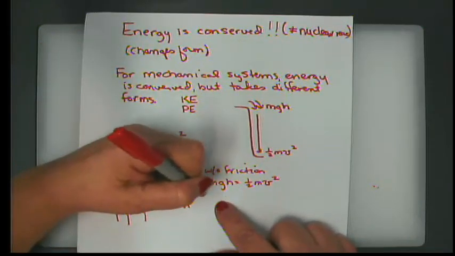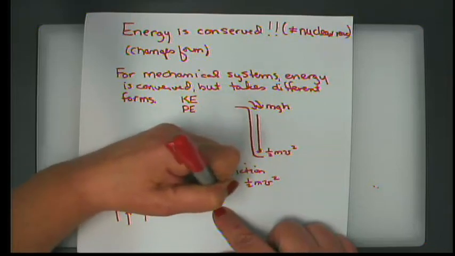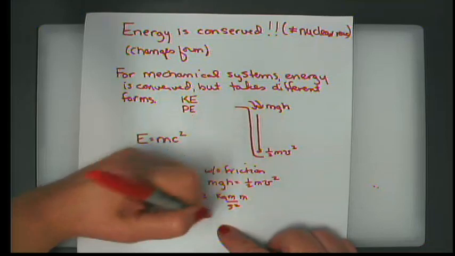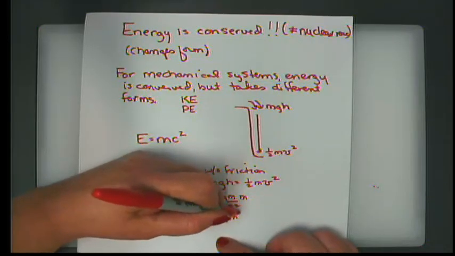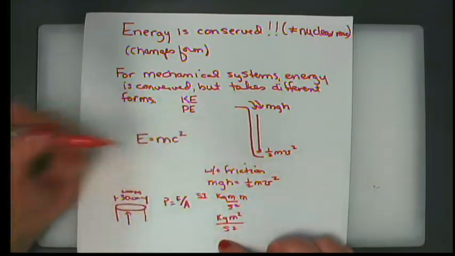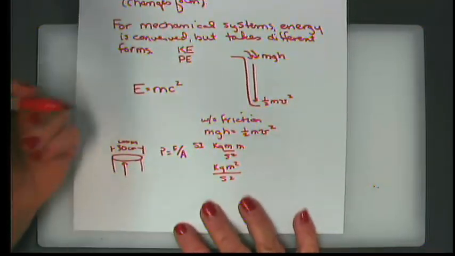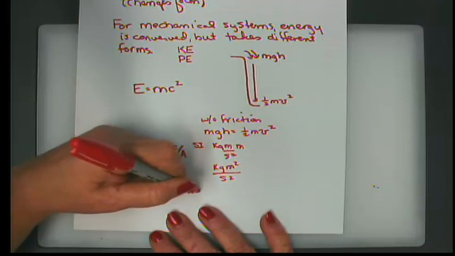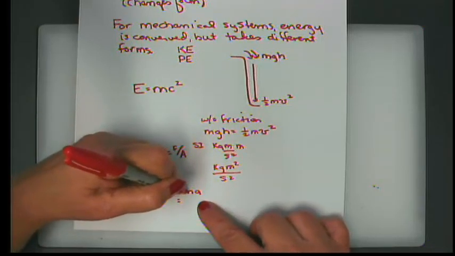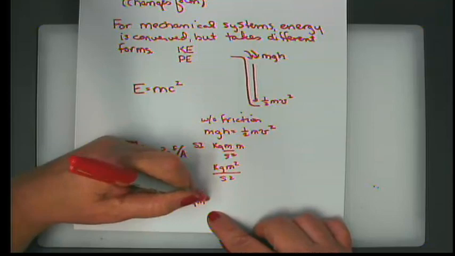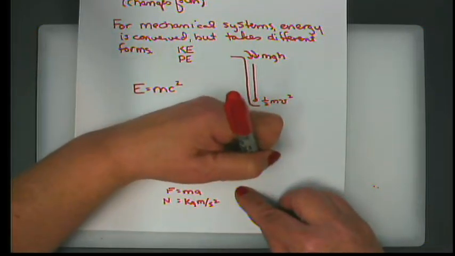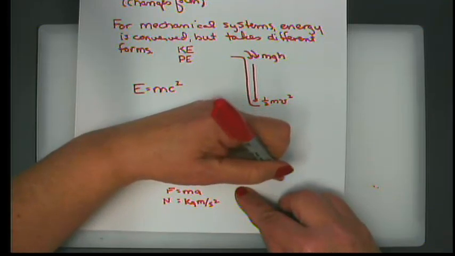Now, let's look at the units on this. Look at the SI system. We could say kilogram meter per second squared times meter, kilogram meter squared per second squared. What does that equal? Well, if you think about force equals mass times acceleration, you know that a kilogram meter per second squared is a Newton, and so this is equal to a Newton meter.